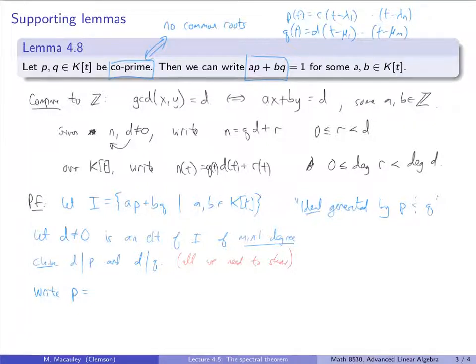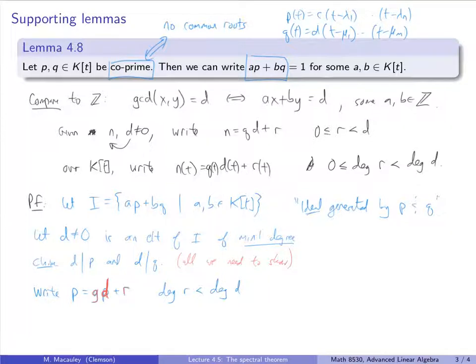Let me use G. G looks like a Q, but the tail just goes the other way. So P equals G times D plus R, where the degree of R is less than the degree of D. Oh, sorry, this has to be a D, not a P. So GD plus R.